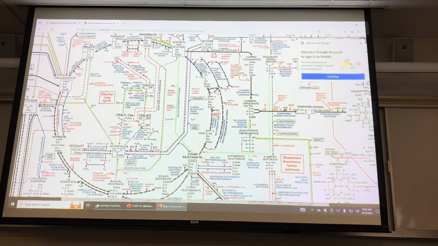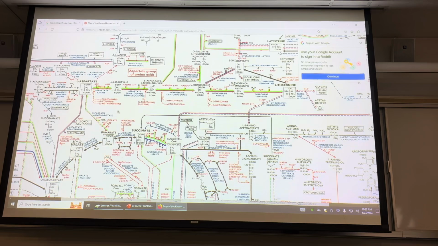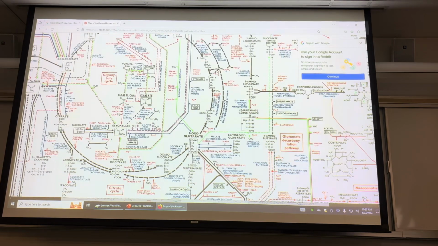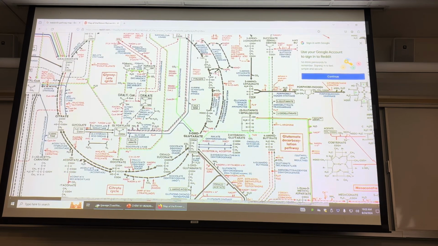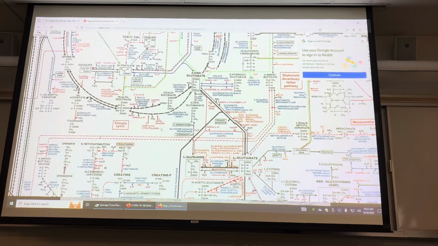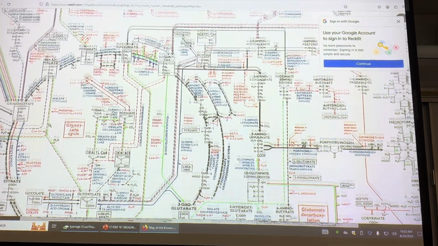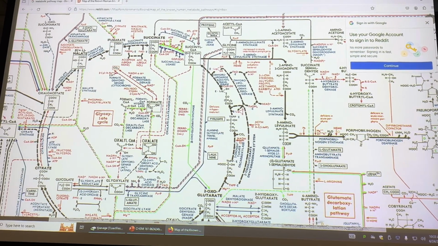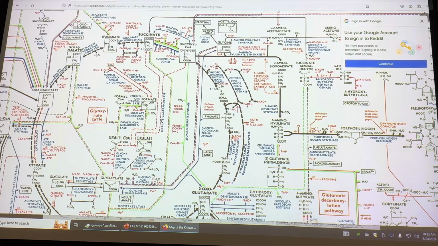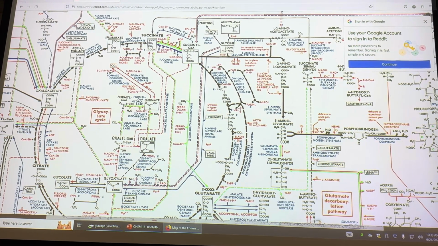See if I can find glycolysis on here. Well, here's the citric acid cycle. I can find glycolysis around here since that's the one we just did. Anyway, I'm not going to spend too much time looking around for it on here. You can find that kind of thing. But here's the point.